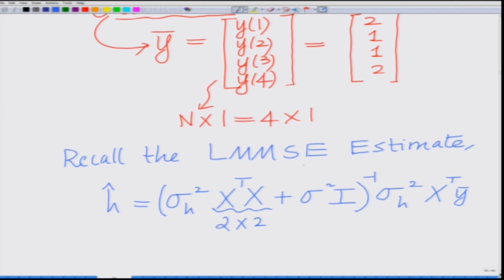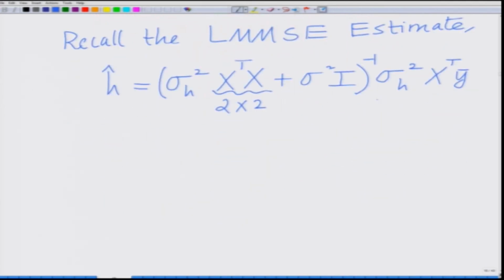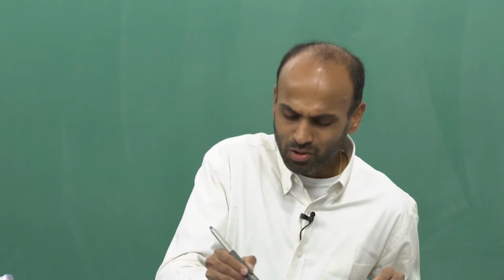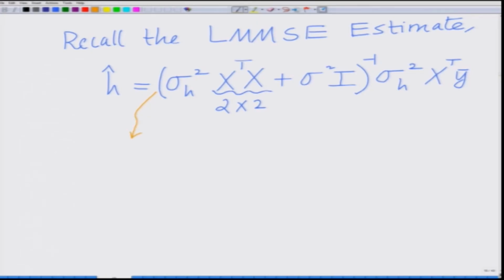Okay. So, now I will proceed. Of course, one can also simplify this slightly by bringing out sigma h square. I can write this as, first let us bring out sigma h square. So, x transpose x plus sigma square by sigma h square, inverse. Of course, when sigma h square comes out, it comes in the denominator, that cancels with sigma h square.